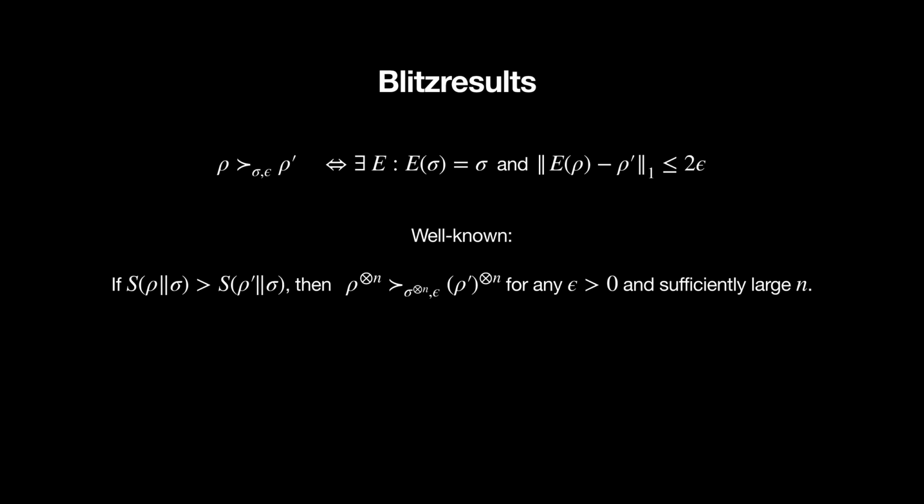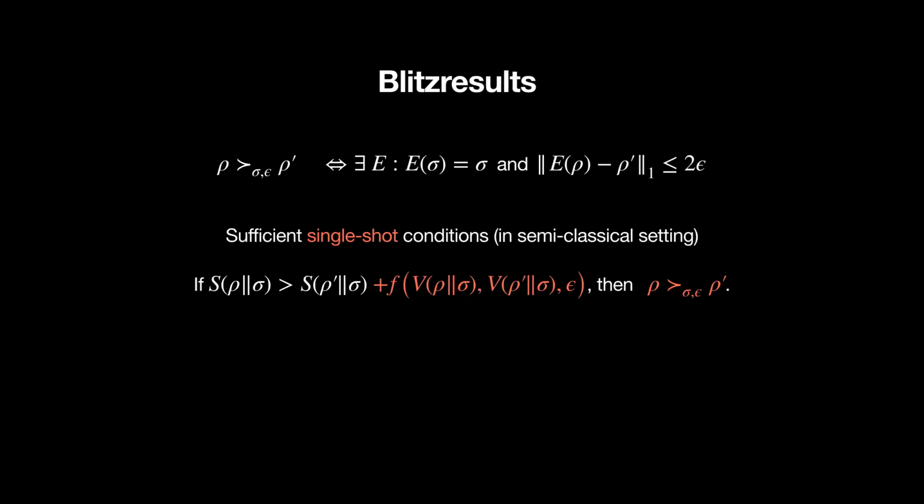Given this notation, it's well known that the relative entropy characterizes the IID asymptotics for this, in the sense that if and only if this quantity decreases strictly, then for any epsilon, I can move from an initial tensor product state to a final one for sufficiently large n. The first result that I'm presenting here is that we map this to a single shot setting, where I again have this decrease of relative entropy, but I now have a corrective term, a function f, that depends only on the relative variances of the initial and final states and my smoothing parameter.